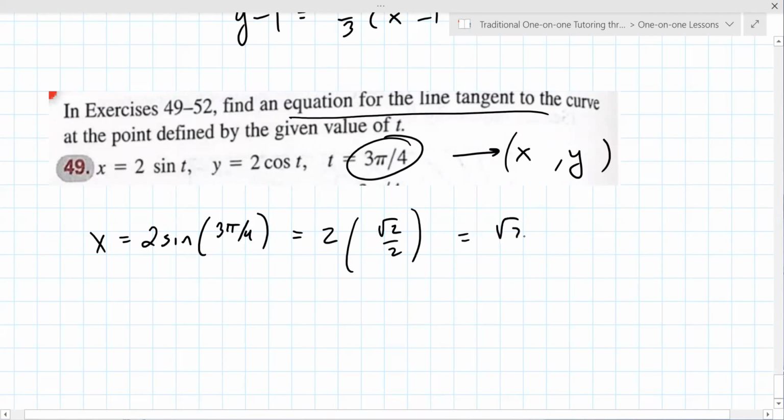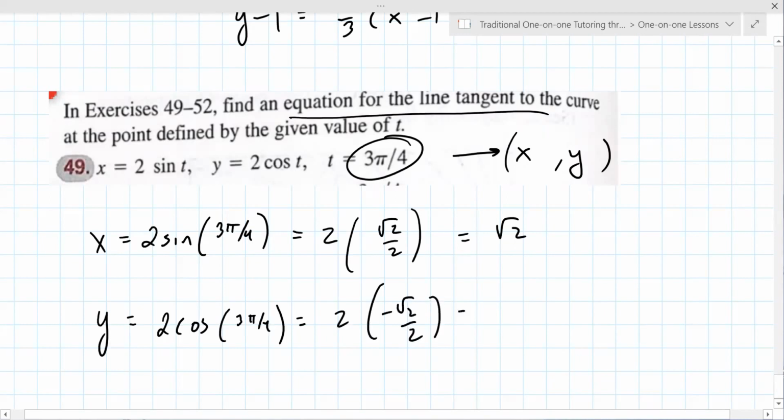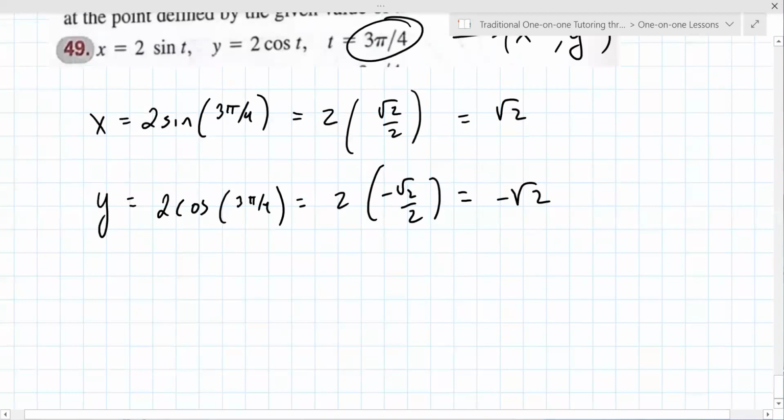So that's just square root of 2. And then y is 2 cosine 3 pi over 4. That one is 2 times negative square root of 2 over 2, negative square root of 2. So that gives you your x and your y.